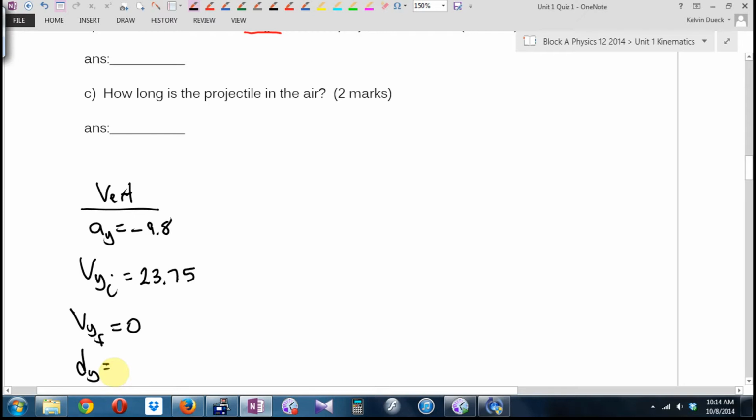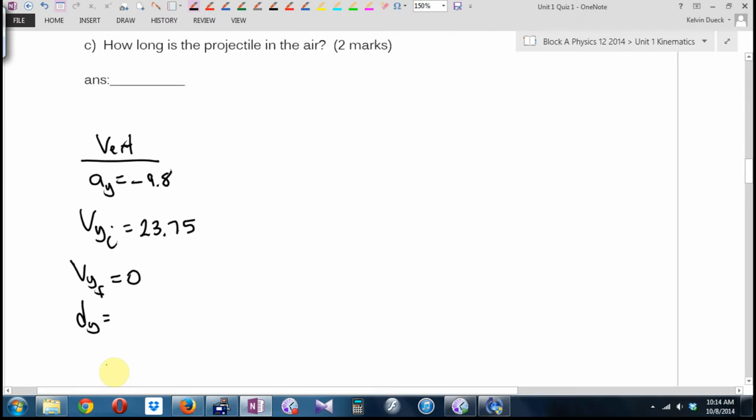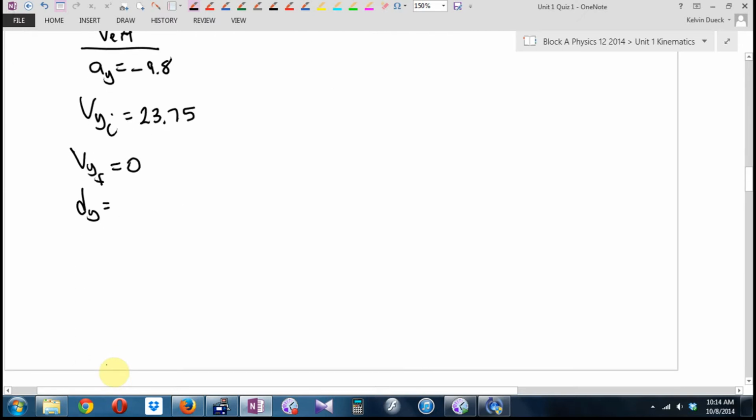Okay. I don't know time, so I guess I'm looking for an equation that has A, V initial, VF, and D. The squared D one. VF squared equals VI squared plus 2AD. So D equals VF squared minus VI squared all over 2A.